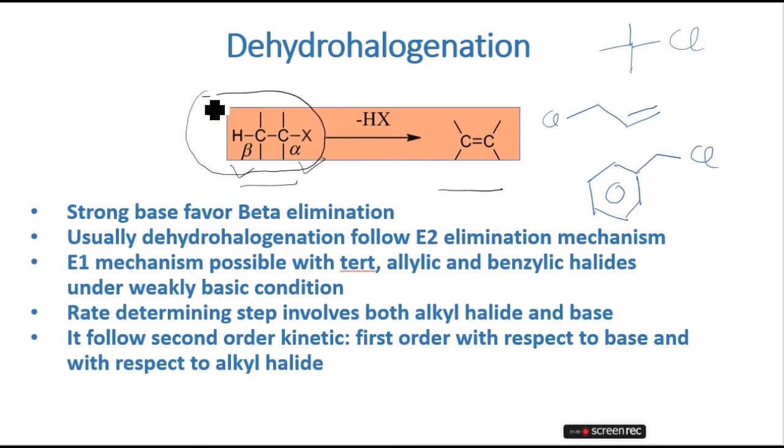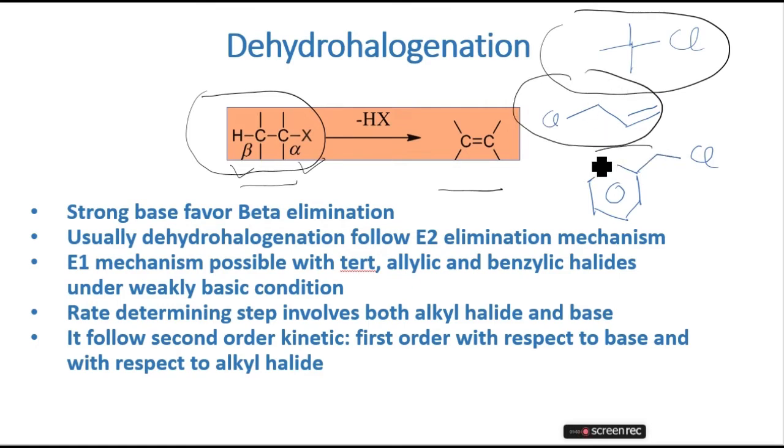So when you talk about this tertiary halide, this is the allylic halide and this is the benzylic halide, then there is a possibility of elimination by the E1 mechanism.